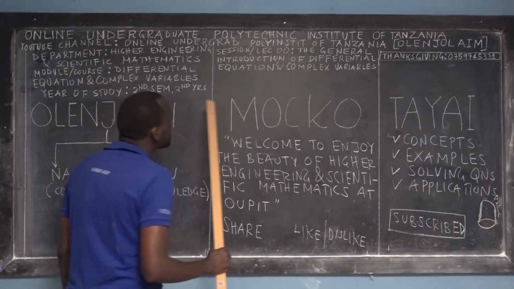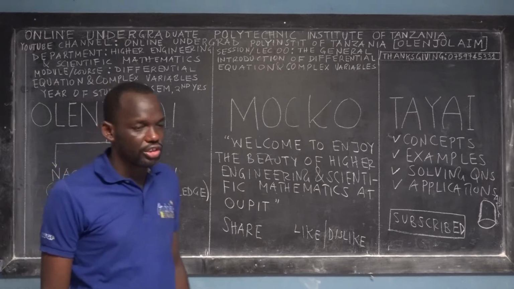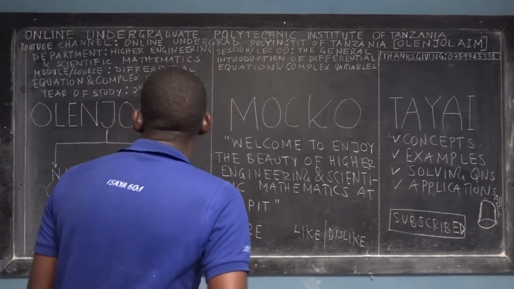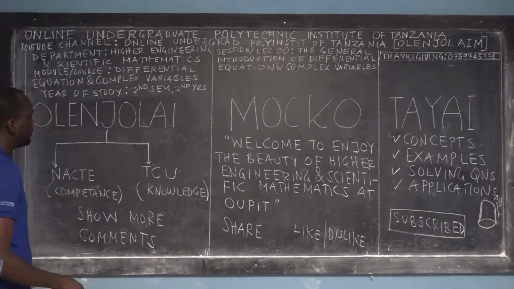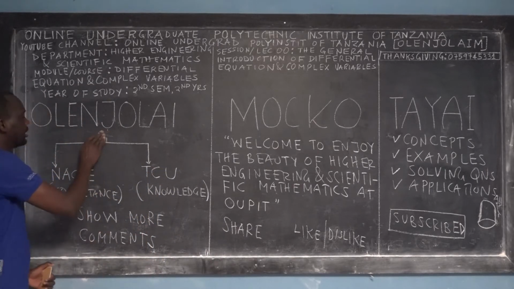Well, so now let us go to the general introduction, as I said to you. Number one, first of all, this is when we say the universities in Tanzania, right?